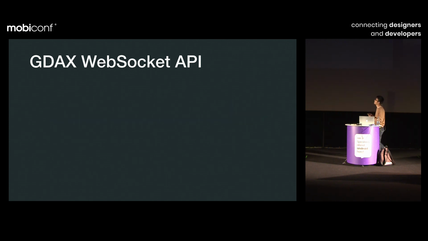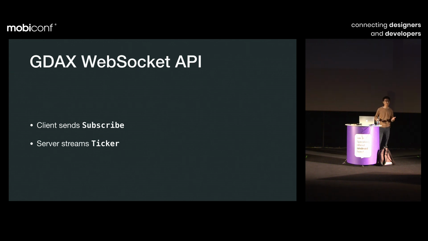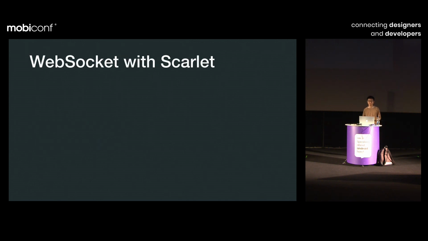According to the documentation for the GDAX API, after the connection is established, the client should send a subscribe message to the server. After that, the server will send tickers back to the client.